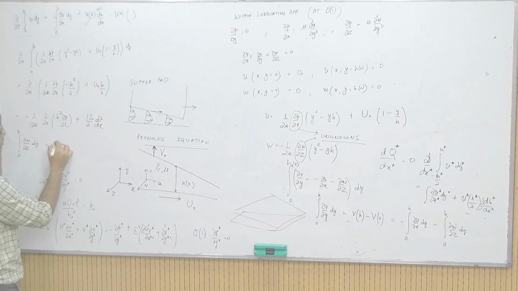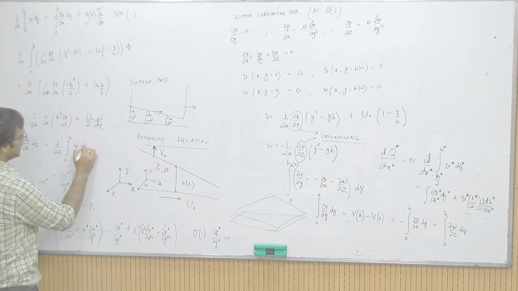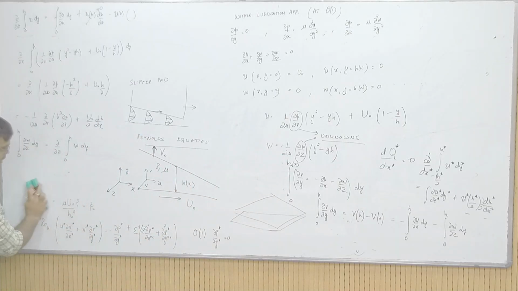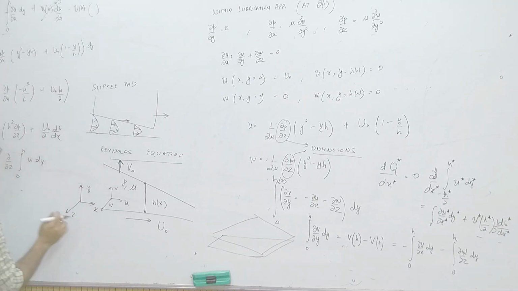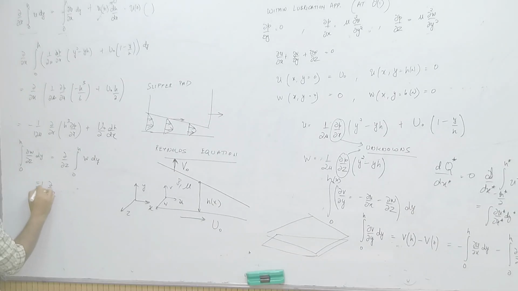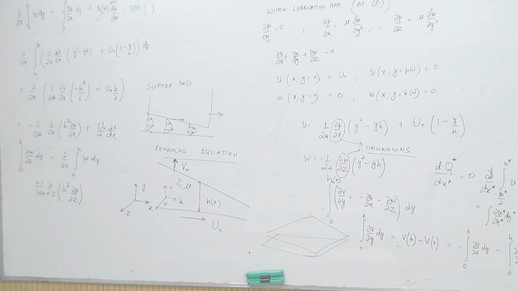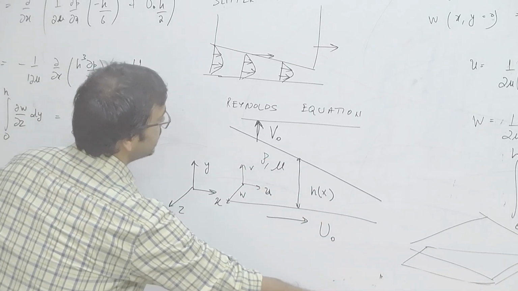So, this can be written in this particular case as this, and from the solution of w, as some of you may have already guessed, the solution is del by del z of minus 1 by 12 mu h cube del p over del z. This should be del h over del x, not dh over dx.